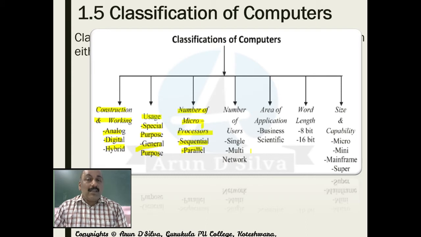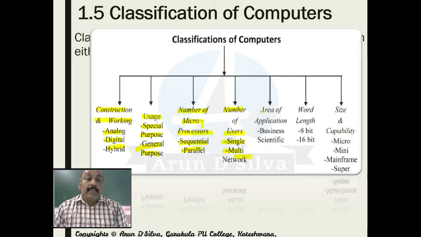The next way of classification is the number of users, which may be single-user, multi-user, or network. So the computer can be used by only one user or more than one user.